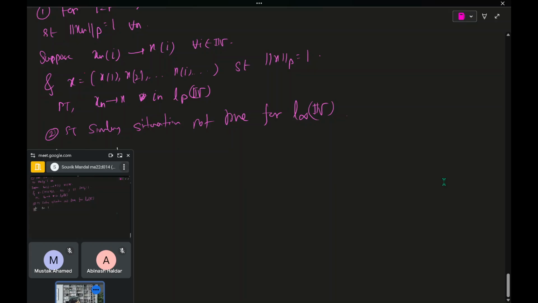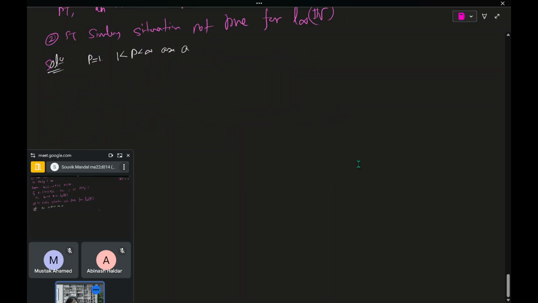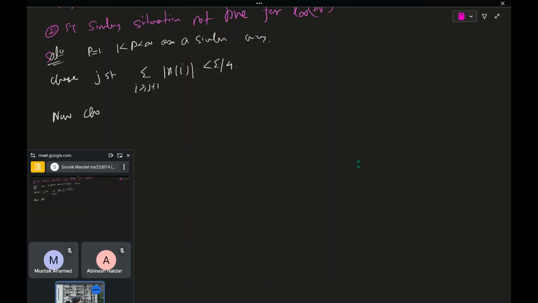Okay. Choose j further such that the summation over i greater than or equal to j plus 1 of |x(i)| is less than epsilon by 4. Now choose n such that for all m greater than or equal to n, and for i equal to 1 to j, |x_m(i) minus x(i)| is less than epsilon by 4j.